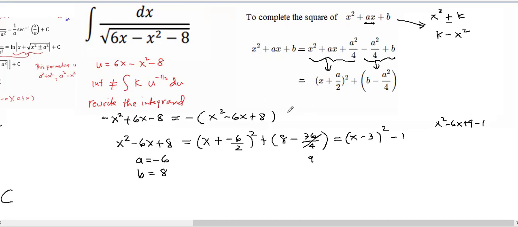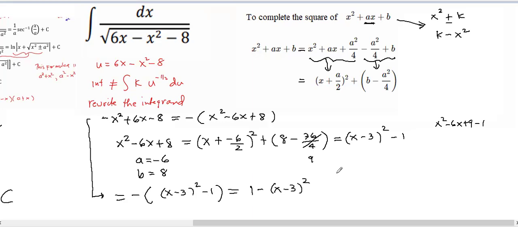So, ito ngayon, this is equal to the negative of x minus 3 square and then minus 1. So, distribute natin negative sign. Unahin natin, negative of negative 1, that's 1, minus x minus 3 quantity square.